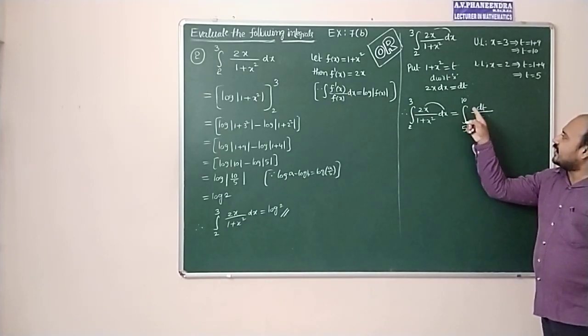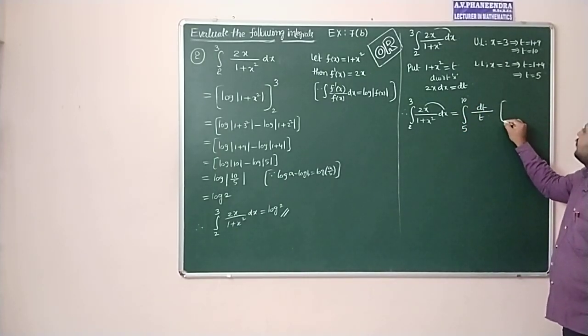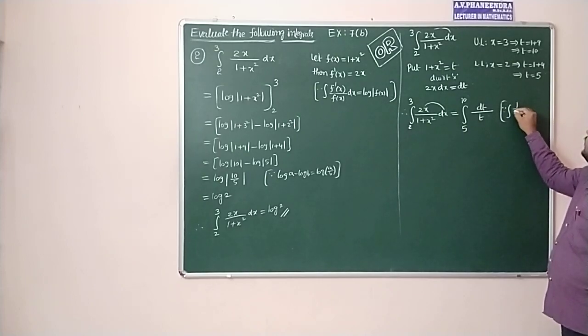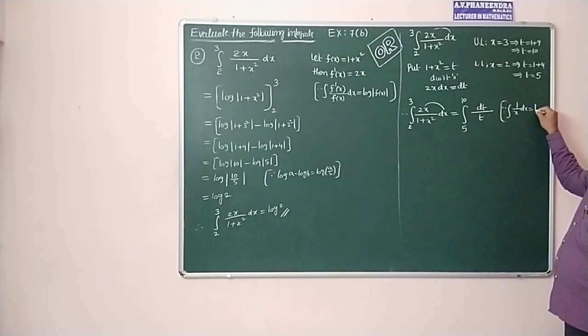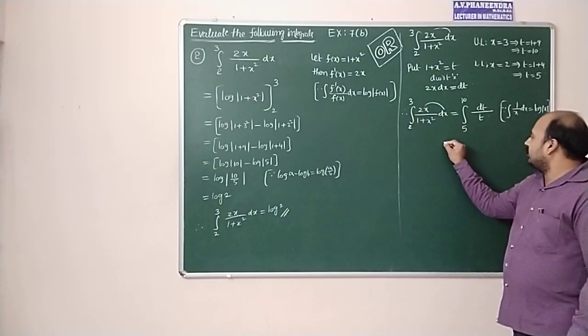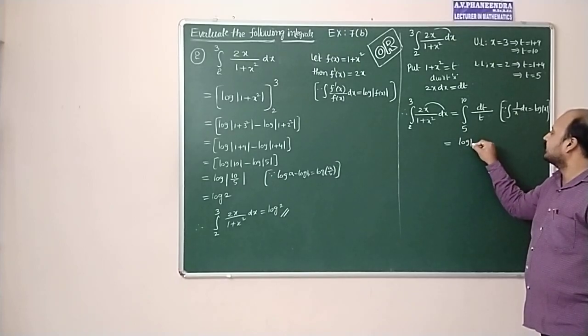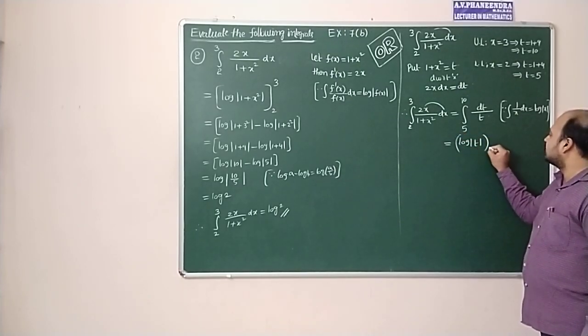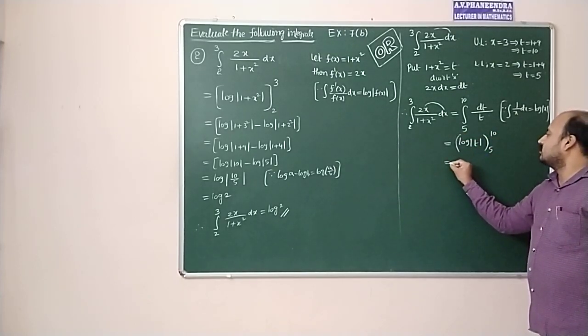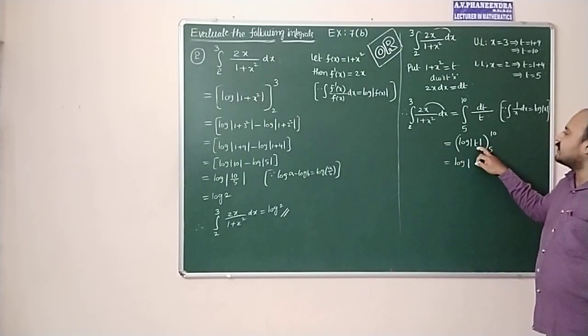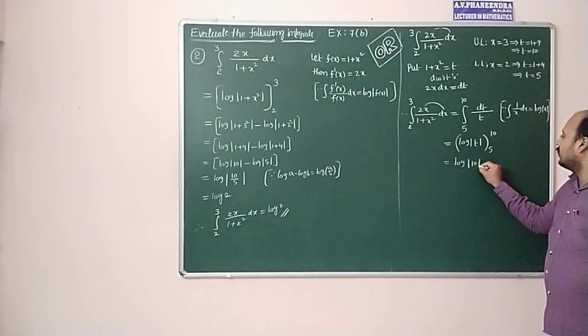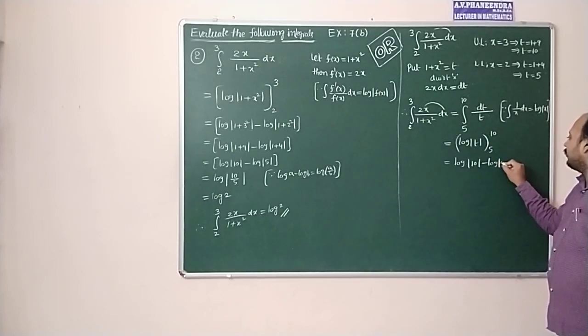It is now in the form of the integral of 1 by x dx. What is the formula for the integral of 1 by x? The integral of 1 by x dx equals log mod x. So the integral from 5 to 10 of 1 by t dt is log mod t. Applying the limits 5 to 10, log mod 10 minus log mod 5.